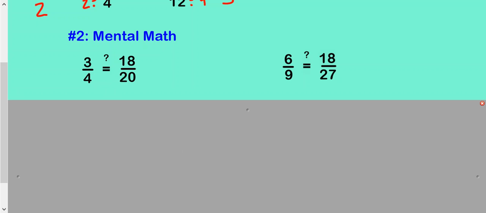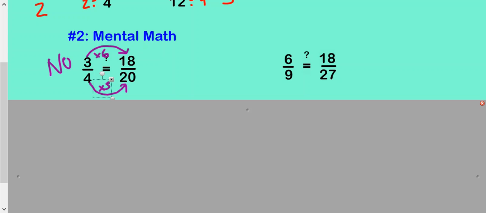So in using mental math, we have to ask ourselves, what do we need to multiply this 3 by to get to 18? So this would be times 6. So now if we got times 6 for the top, now we need to do the same for the bottom. What do we need to multiply 4 by to get to 20? It should be 6 as well if they form a proportion, but in this situation it would be 5. So they do not form a proportion.